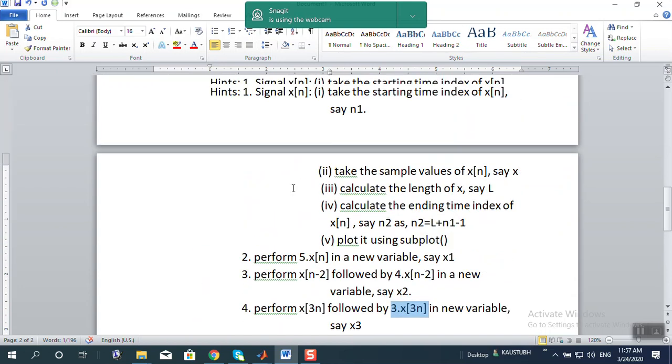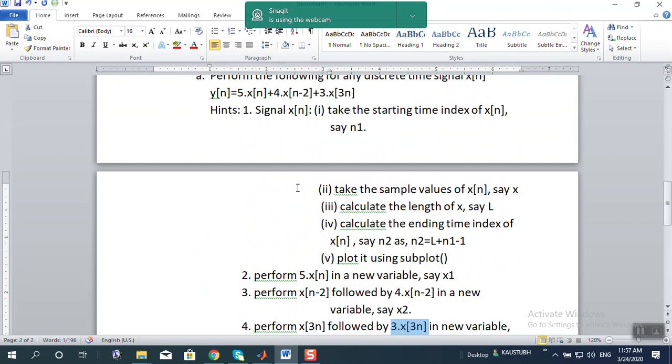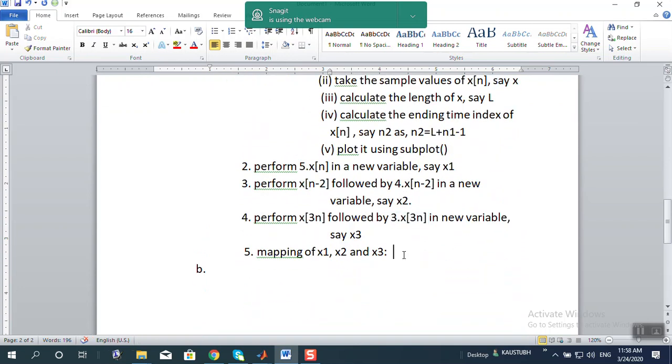So you use some new variables for the starting time and the ending time of x1, x2 and x3, out of which you find the minimum of the starting time indices of x1, x2 and x3, then the maximum of the ending time indices of x1, x2 and x3.